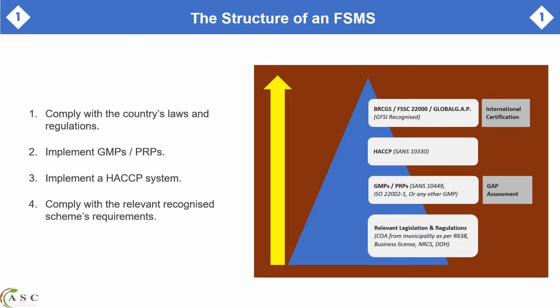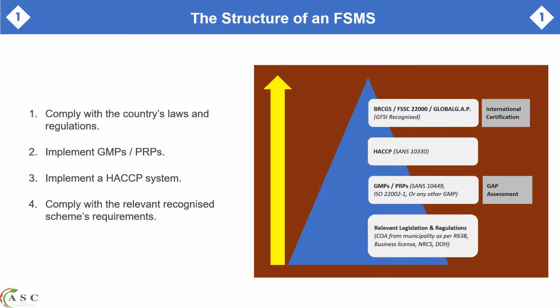The second one is implementation of good manufacturing practices or prerequisite programs. Although the regulations will specify some of the minimal requirements, you may need to implement additional ones in order for you to be able to move to the third step. The third step is implementation of a HACCP system.